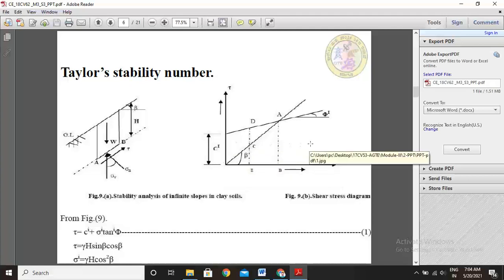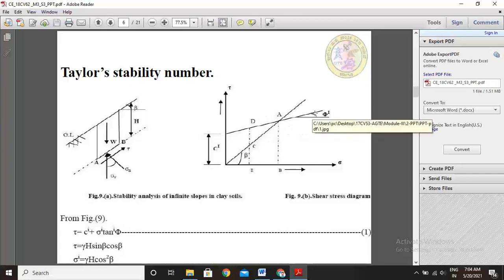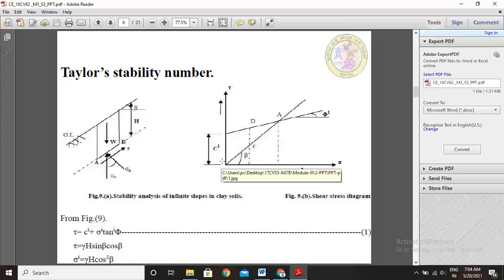You already know this concept, how to plot shear stress diagrams based on shear strength parameters. This line we define as the modified failure envelope, this angle as phi dash, and this distance as c dash.